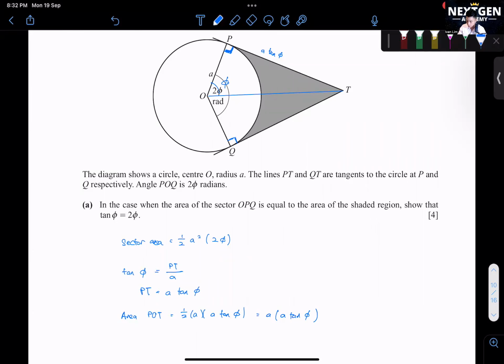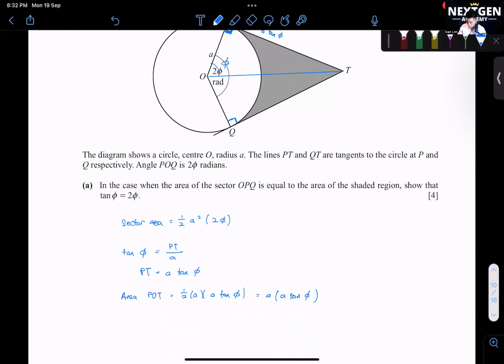Okay, shaded area. So the shaded area will be, for one of it, half A squared tan phi minus half A squared 2 phi.